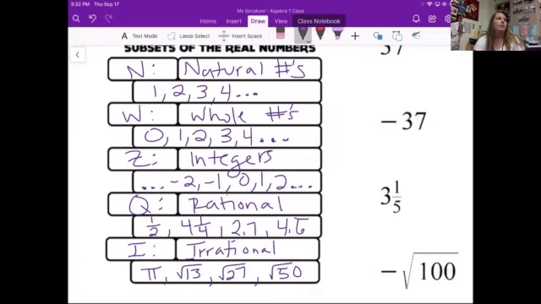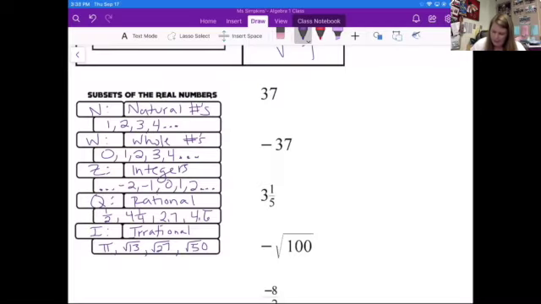Or if you want to write out the whole word, I'm fine with that. Either is good with me.